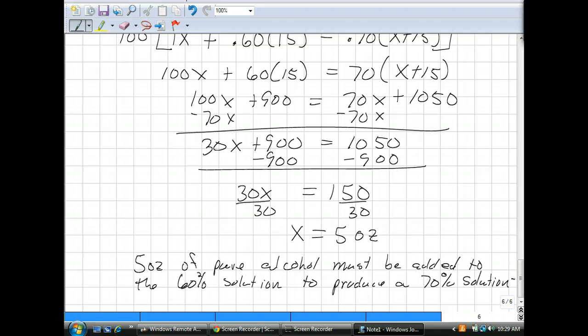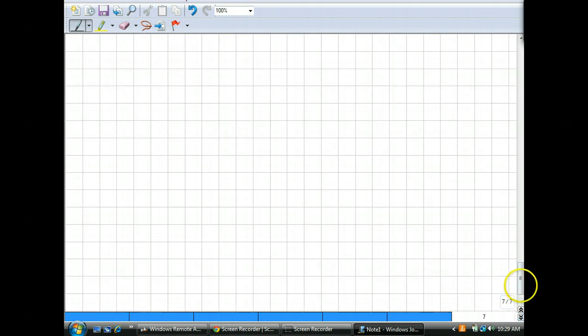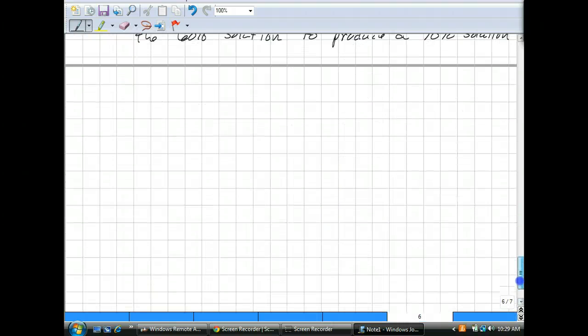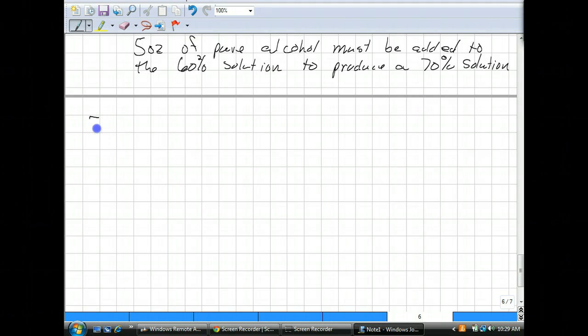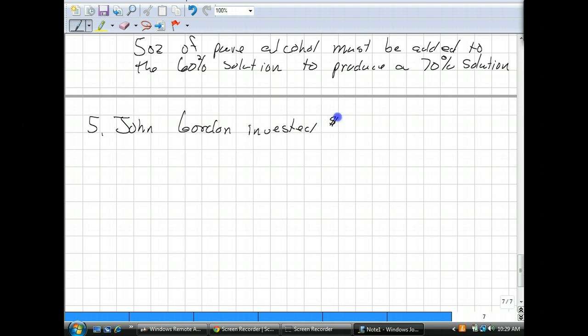And another type of problem is one that involves income or interest. Okay, so example, I believe this is example 5. So example 5, we have John Gordon invested $1,000, part at 5% and the rest at 6.5%.